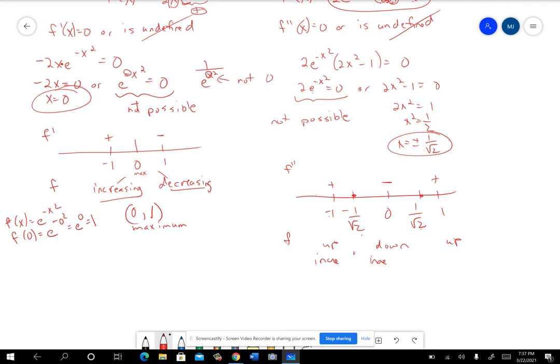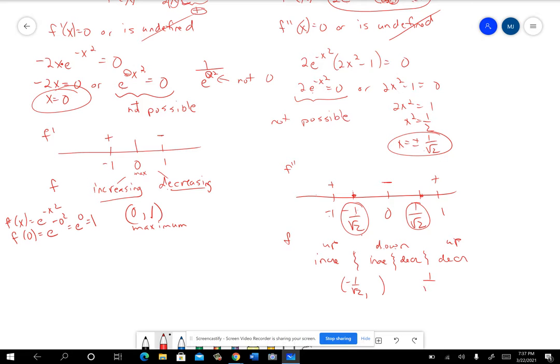Okay, so if you split it up into these little pieces, it's down and it's got to be decreasing when you're there, and then it's got to be up when you're over here, but still decreasing. See that? All right, and that up, down, up means that these are actually going to be inflection points.